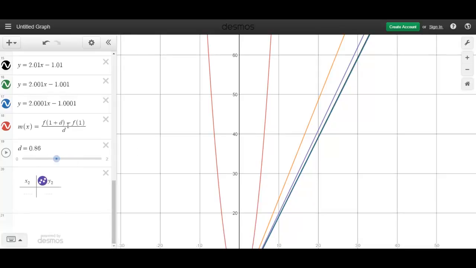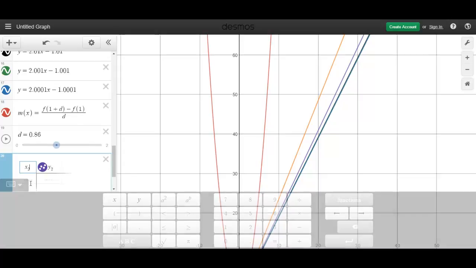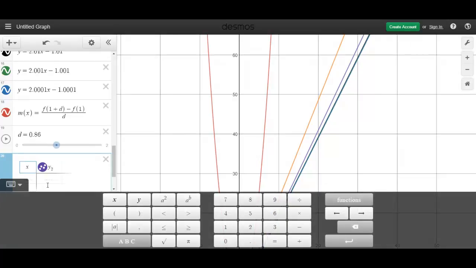Okay. Now let's see here. If I go over here and define this as d underscore 1, and I can maybe say this is m of d.